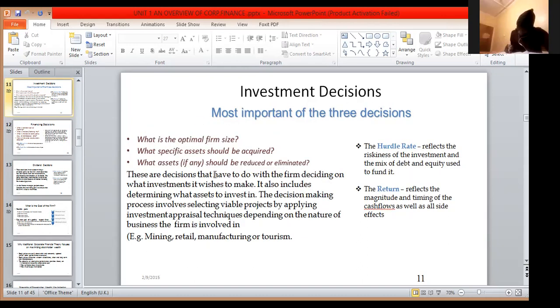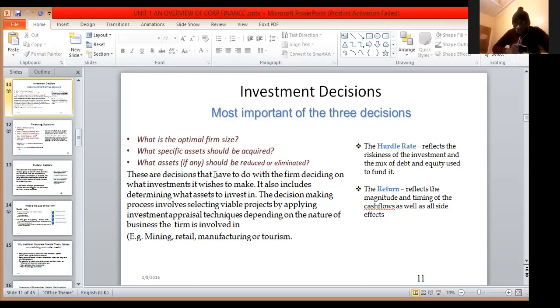Now, in investment decisions, there are two things that are very important to look at. There's what is called the hurdle rate.